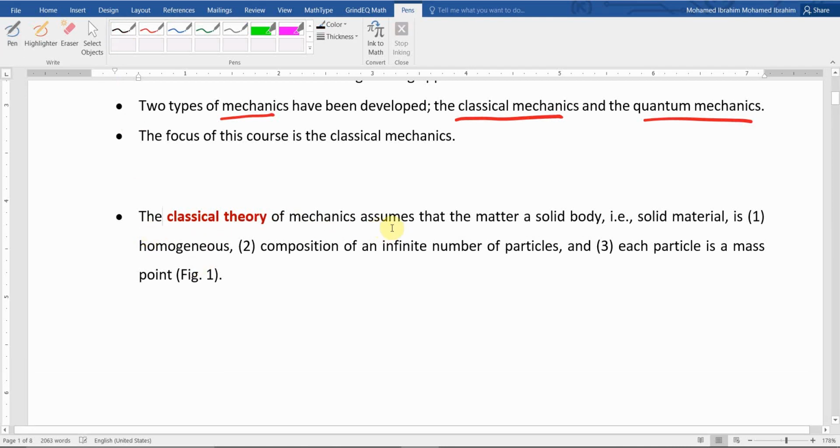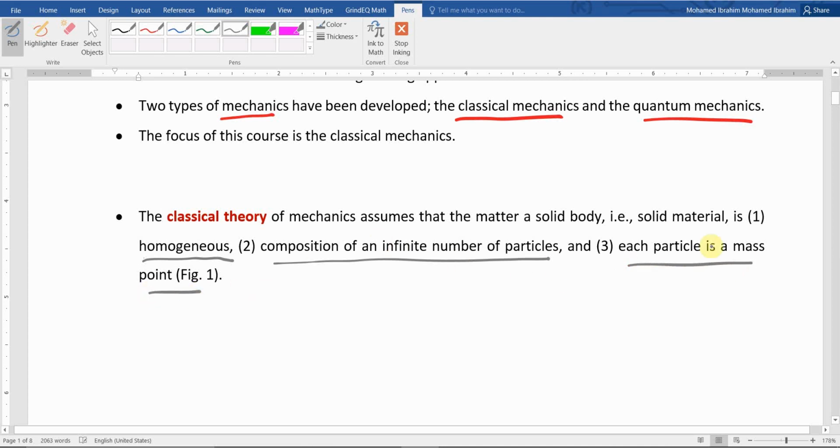This theory assumes main things that you should understand. We assume that the material is a solid material, and our main concern through this course will be solid materials. We assume that this solid material is a homogeneous material. Also, it is a composition of an infinite number of particles, and each one of these particles is a mass point.